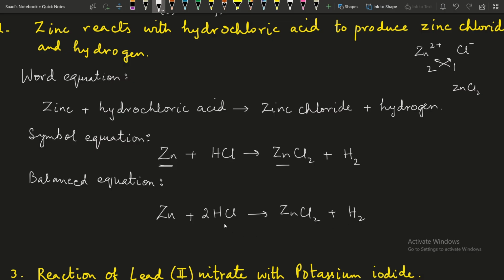Chlorine is balanced. And what about hydrogen? By writing 2 over here, the hydrogen itself gets balanced. Now I just need to write the state symbols. Zinc is a solid metal. HCl is dissolved in water, it's an aqueous solution. Zinc chloride is soluble in water, so it will form an aqueous solution, and hydrogen is a gas.